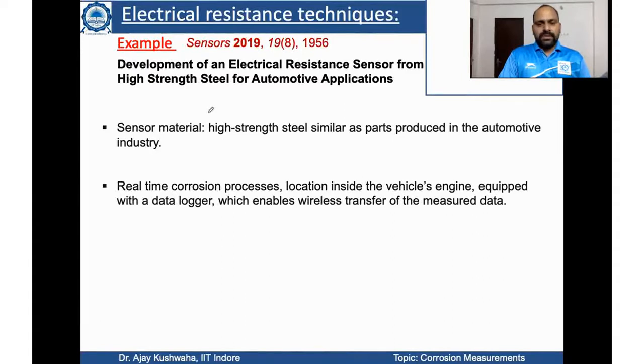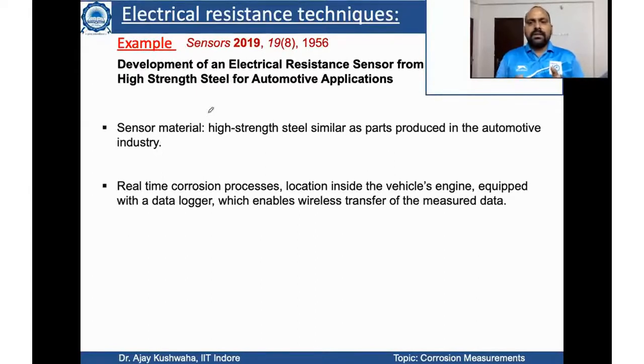Moreover, the probe tip is located inside the vehicle and is equipped with a data logger, so data can be stored there, and it can also transfer the data wirelessly for routine or real-time monitoring.